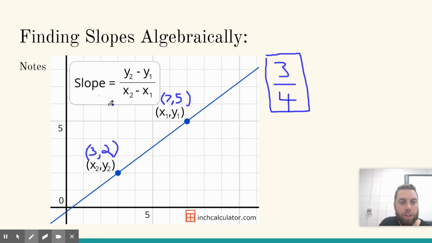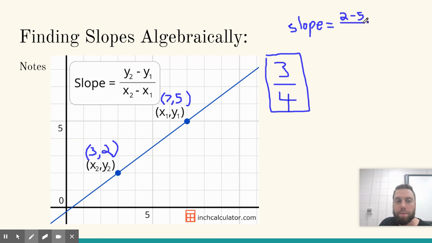Now, using the slope equation here, we can plug in our y2. So we'll put slope is equal to y2. Our y2, it says, is 2. Right here, y2, 2. Just means the y value of the second point. Okay? Minus y1. y1 here is 5. Minus 5.